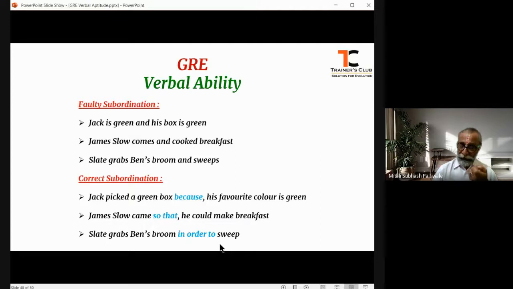If you have to correct that, it will become: Jack picked a green box because his favorite color is green. In the same way, Jane's slow comes and cooked breakfast. That should become: Jane's slow came so that he could make breakfast.